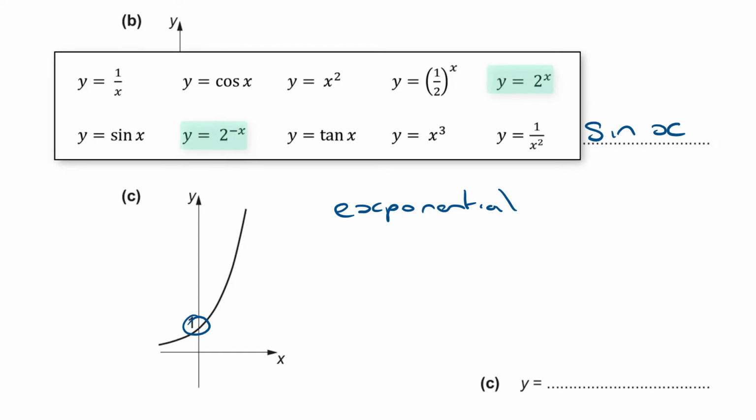So it's going to be one where x is the power. Okay, so I've got two possibilities. I've got y equals 2 to the minus x, or I've got y is equal to 2 to the x. Now, if it's a negative power, it's going to flip it around. It's going to look more like that if it's y equals 2 to the minus x. So we want 2 to the x, I think. So it's going to be y is equal to 2 to the power of x.